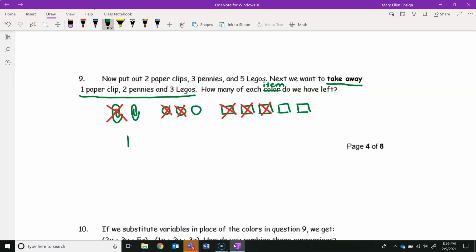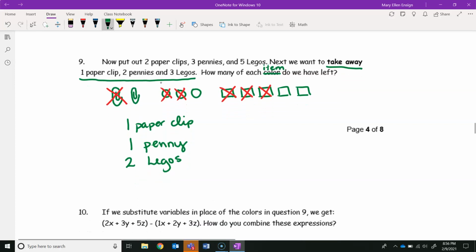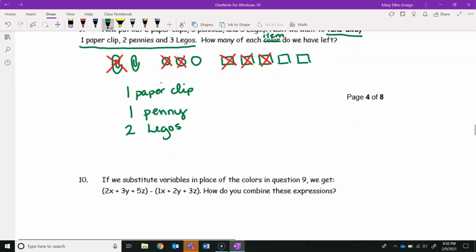We have 1 paper clip, 1 penny left, and 2 Legos. So we subtracted 2 minus 1 for the paper clips, 3 minus 2 for the pennies, and 5 minus 3 for the Legos.